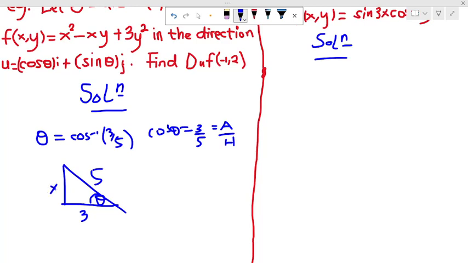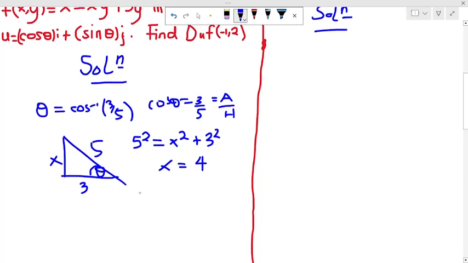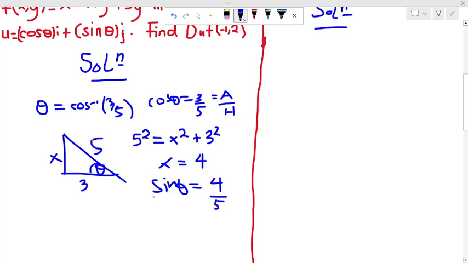Let's represent our opposite with x. Going through Pythagoras theorem, we know 5 squared is equal to x squared plus 3 squared. Evaluating, you are going to end up getting x to be 4. So from SOHCAHTOA, we get sin theta equal to opposite, which is 4, over hypotenuse, which is 5.